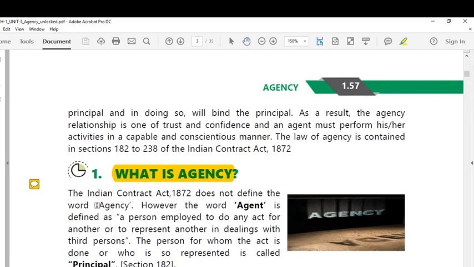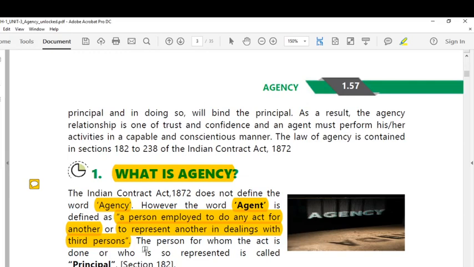However, the word agent, who is a key person in the contract of agency, is defined as a person employed to do an act for another, to represent another in dealing with third persons.